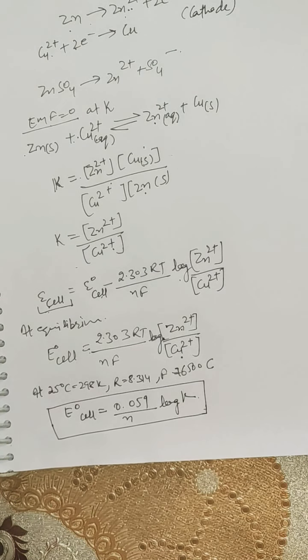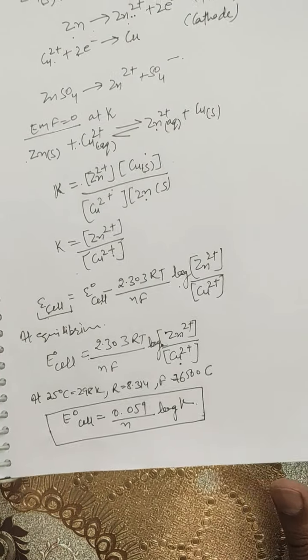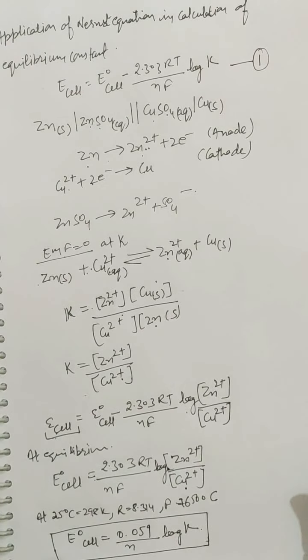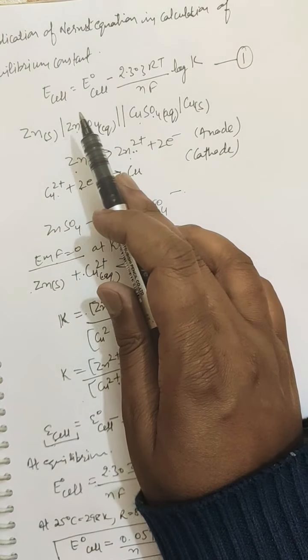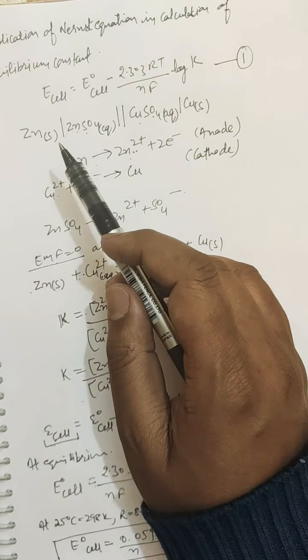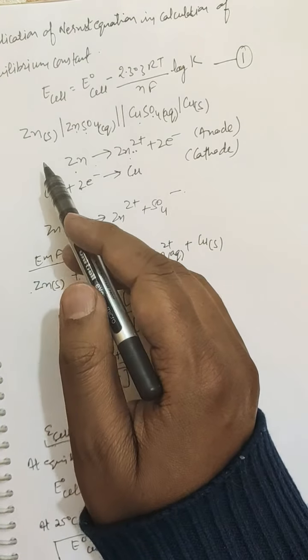So you will derive this equation with all this methodology. First of all, you must remember the Nernst equation. First write the Nernst equation, then give an example. You can give an example of any electrochemical cell in which there is a redox reaction.